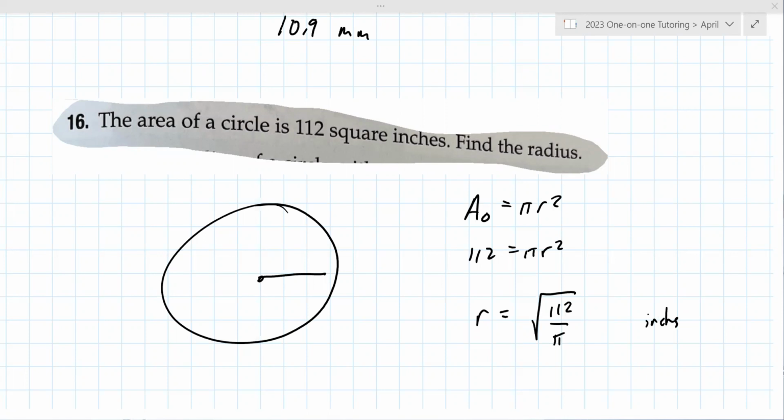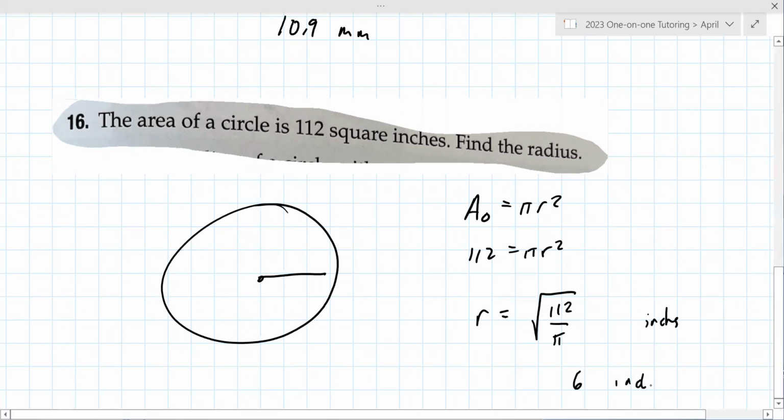Six. It is 6. Perfect. So why don't you try 17 on your own? I believe it's exactly the same. You are solving for the radius again. For the previous one though, units, make sure you give me the correct units. 6 inches, same thing here.